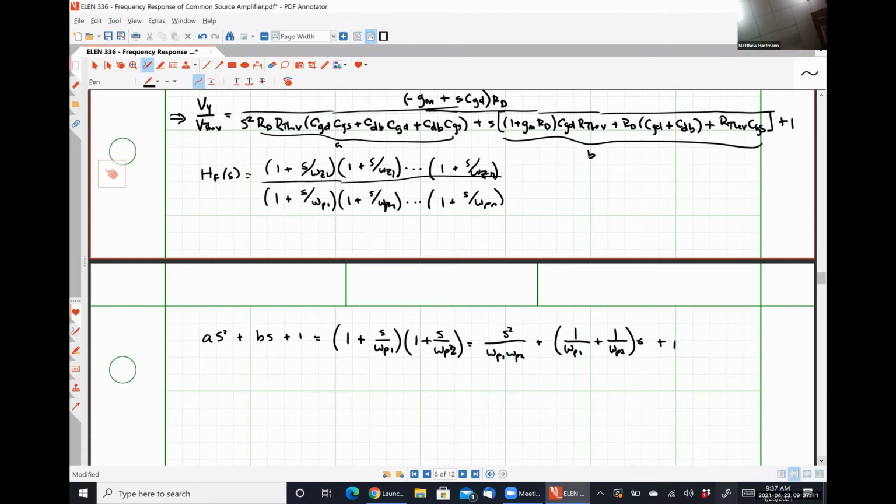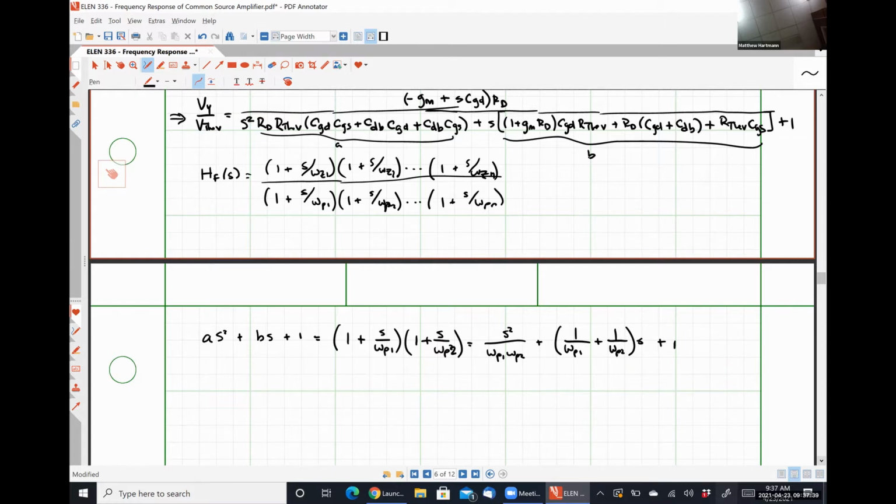That tells us a couple of things. First, A is the product of the reciprocal of the poles, so it's going to be really hard to extract any one individual pole from that. B is the sum of the reciprocals of the poles, so it's going to make it hard to extract anything either.